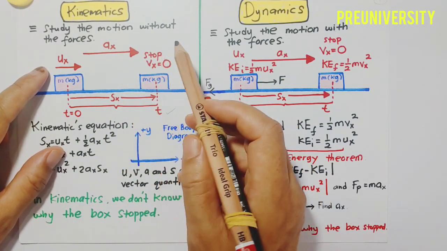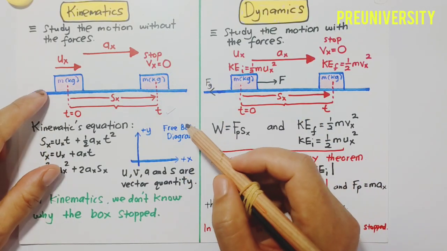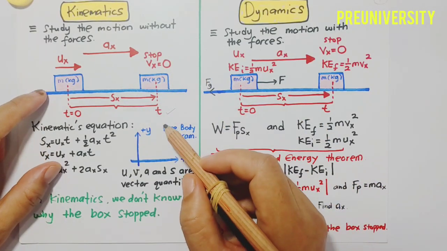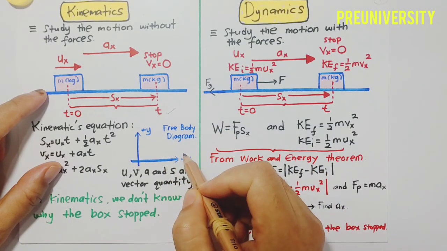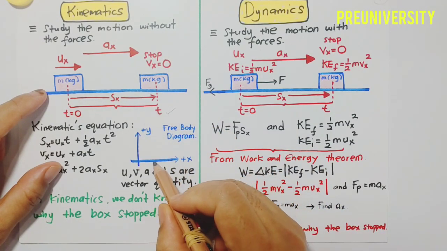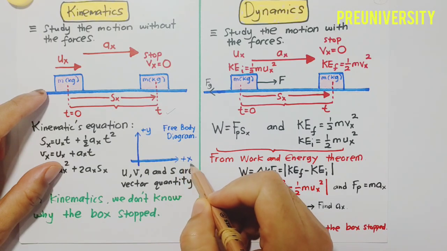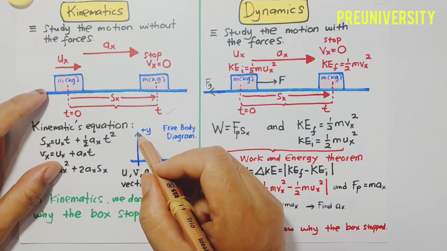Okay, so the object is moving with the acceleration ax. Before I continue, let me remind you about the free body diagram. Here is the direction for the positive x, and here is the direction of the positive y.